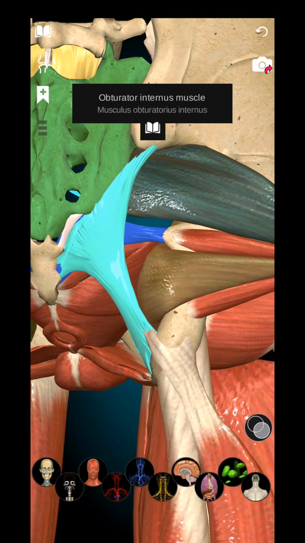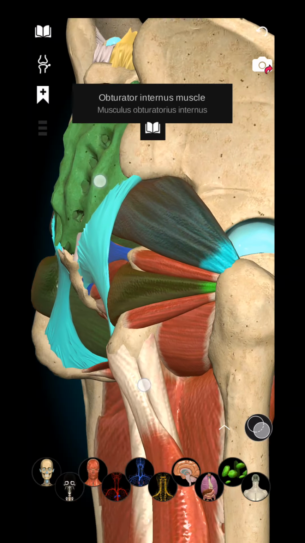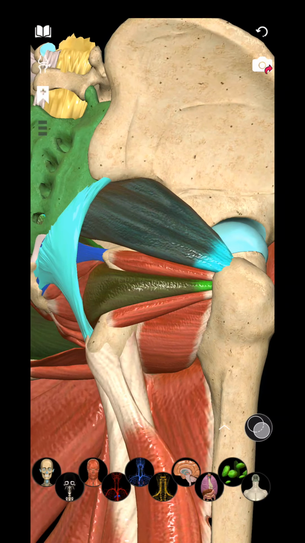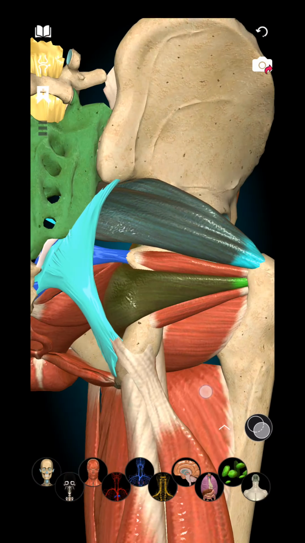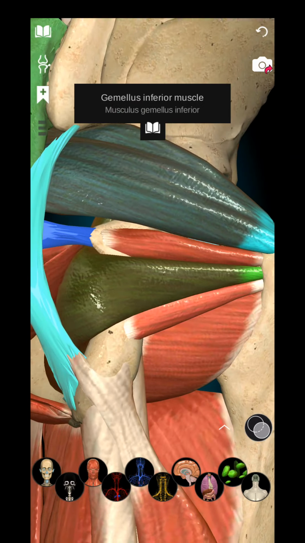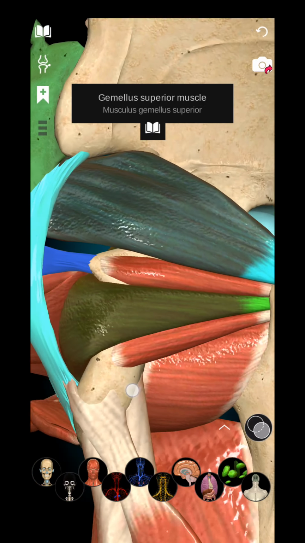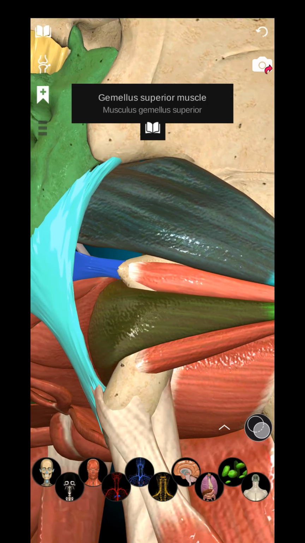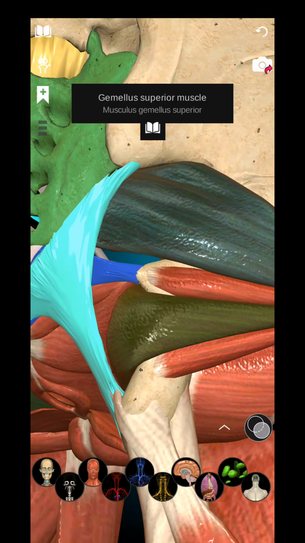The lesser sciatic foramen, to insert into the rough ridge above the trochanteric fossa on the medial surface of greater trochanter. And here you can see the two gemelli, superior gemellus and inferior gemellus. Superior gemellus takes origin from upper part of lesser sciatic notch, or you can say the lower part of ischial spine.